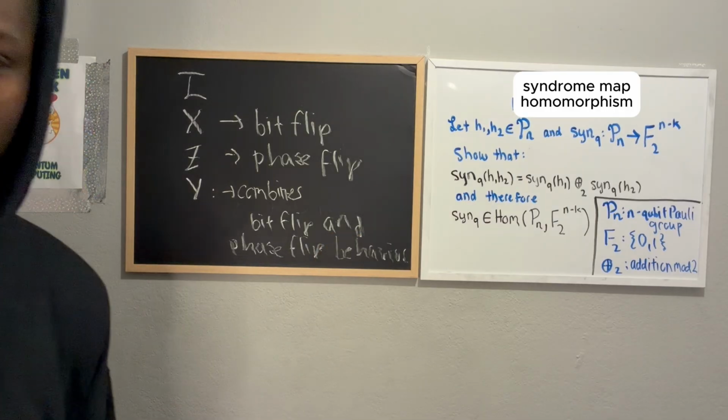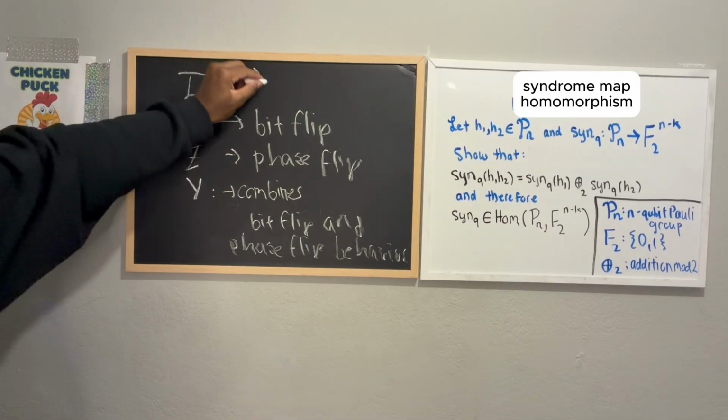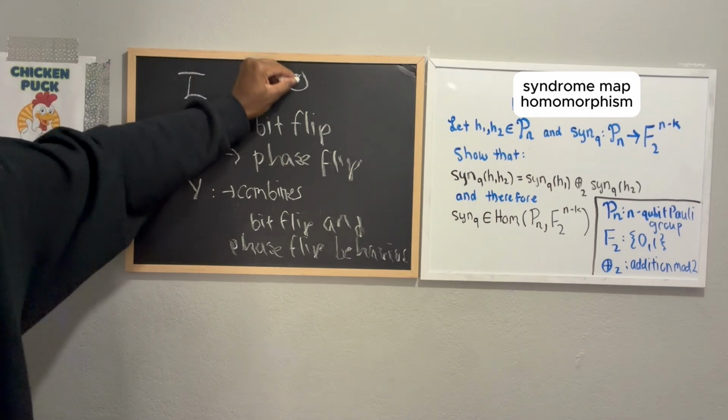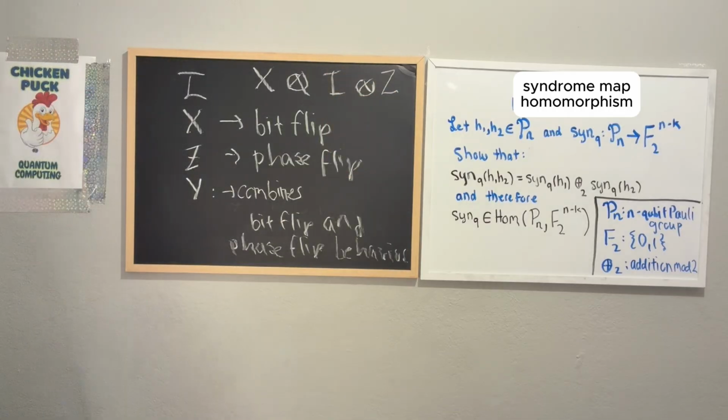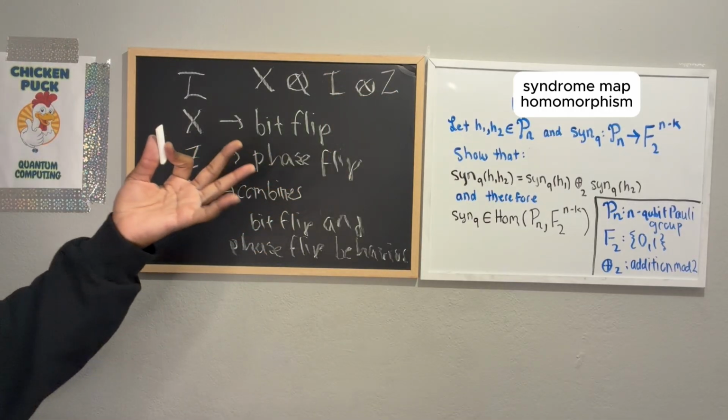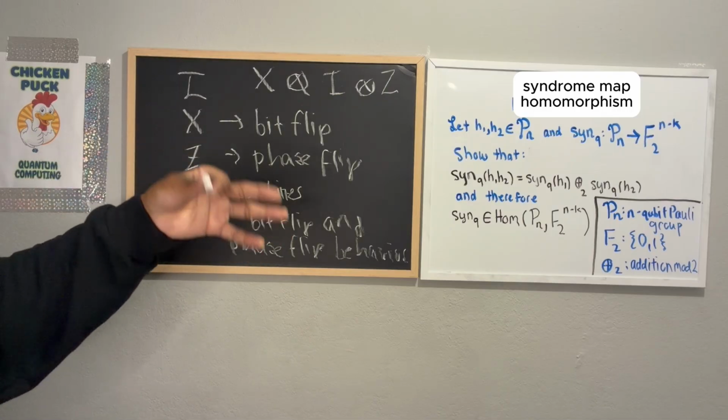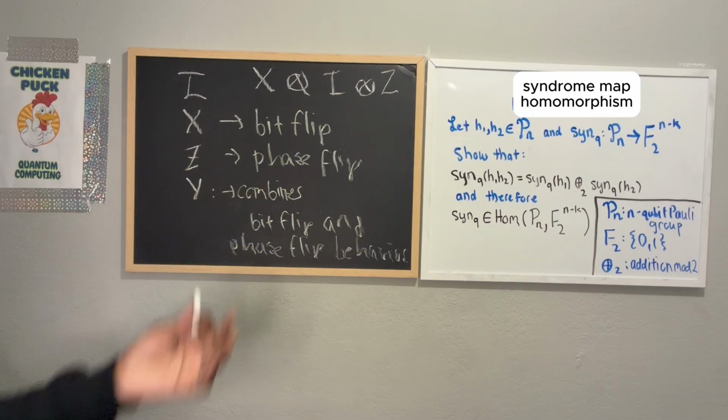So for multiple qubits, we might write X tensor product I tensor Z, right? The set of n qubit Pauli operators, including the relevant phases, forms the Pauli group.